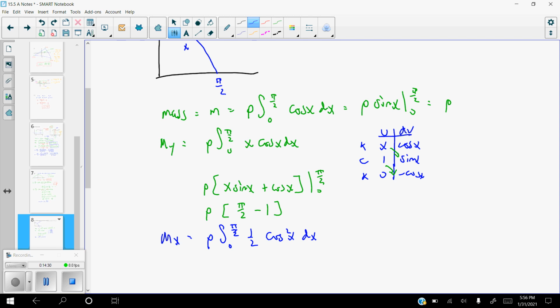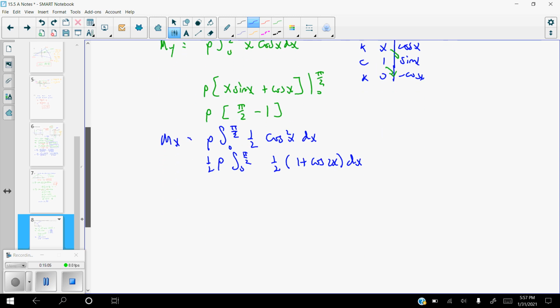All right, so you can rewrite, and you kind of have to in this case, the cosine squared using an identity. So I'm going to pull the 1/2 out to the front. We get 1/2 rho integral from 0 to pi halves. Cosine squared of x is equivalent to 1/2 times 1 plus cosine of twice the angle dx. So it looks like I've got another 1/2 that I can pull out to the front.